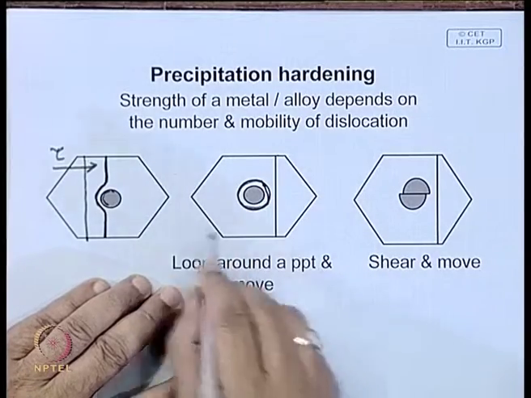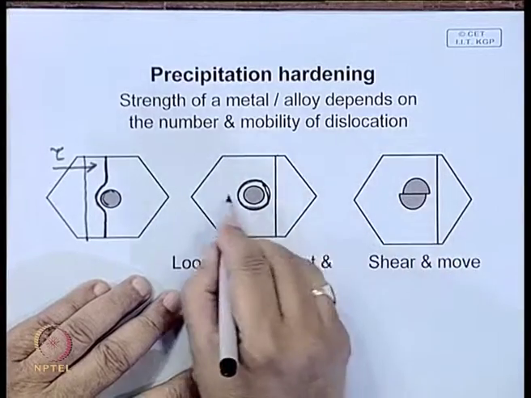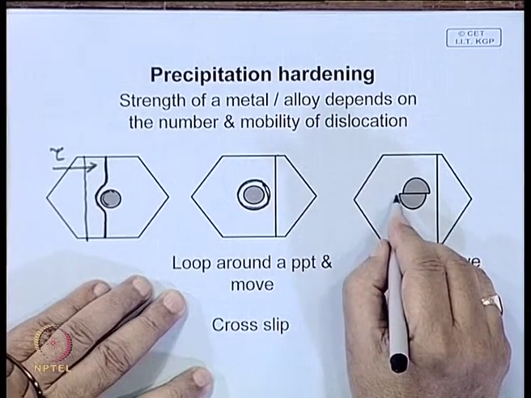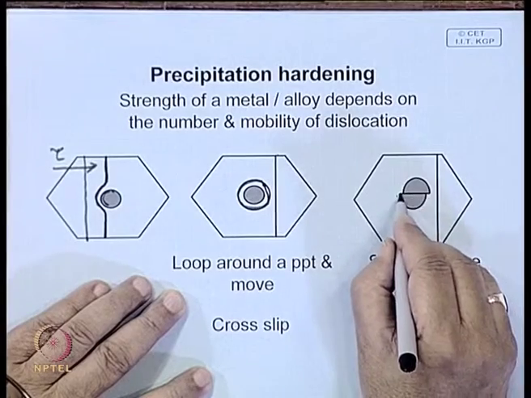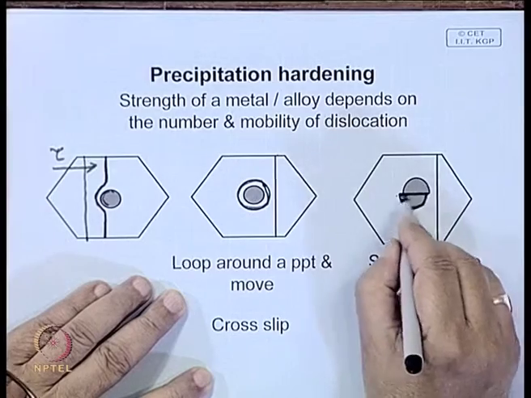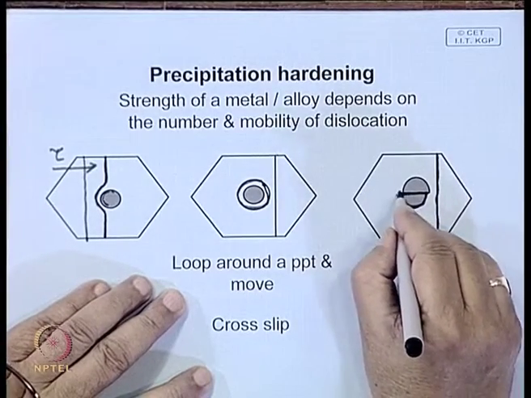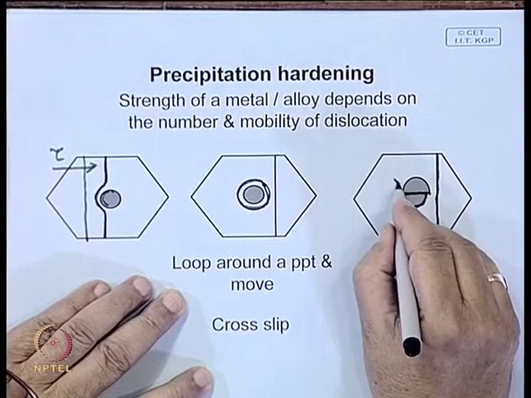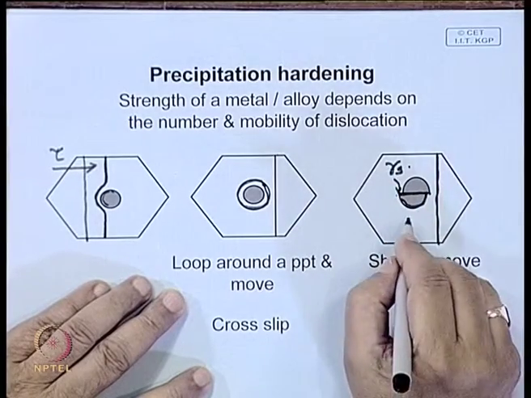Another possible way will be, if this is the precipitate, you apply stress, and this stress is sufficient to fracture the precipitate or shear the precipitate. In that case, this is how the precipitate has been sheared, and the dislocation moves here. So, what happens after shearing? Some additional area, where it will have some surface energy, is being created.